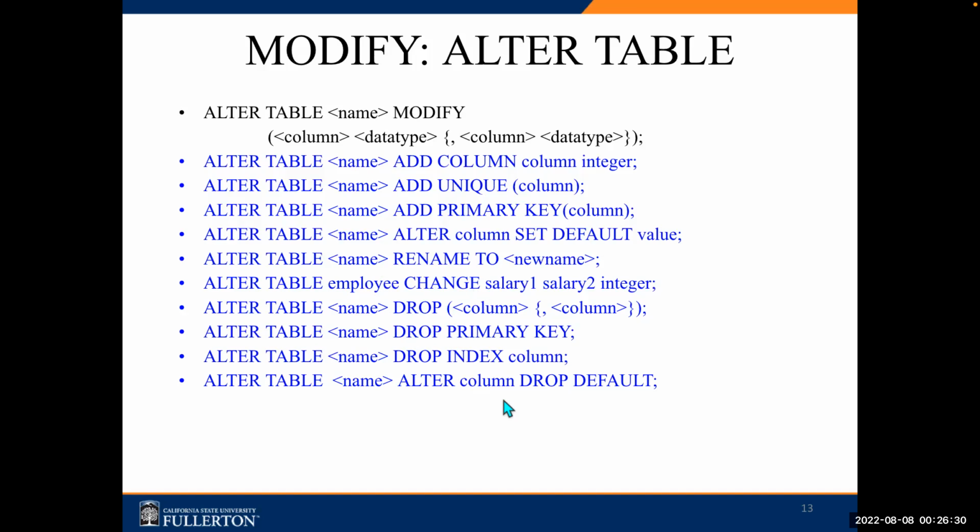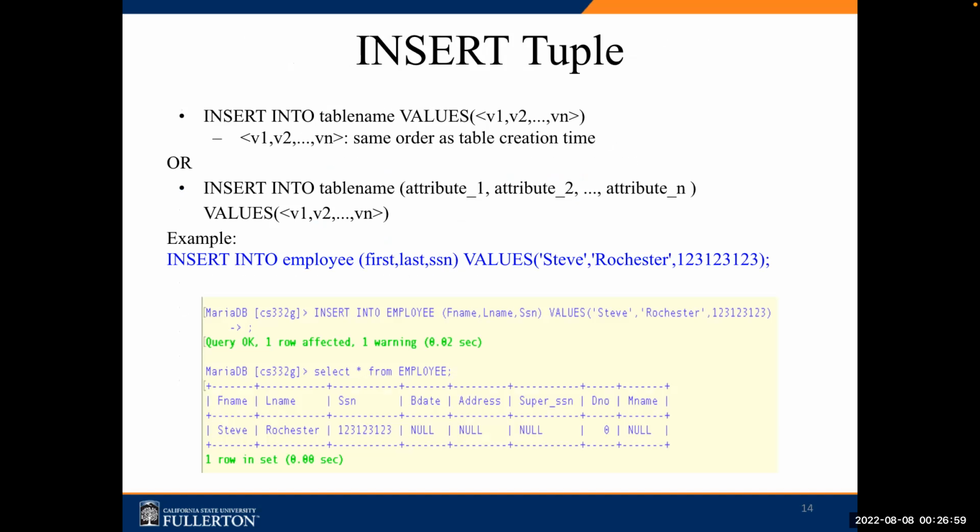You could also use the drop command with the alter table query, which is if you want to get rid of a particular column from a table, or you wanted to drop the primary key, or you wanted to drop the index, or you wanted to drop the default clause. You can try any of these using the syntax as shown here on the slide.